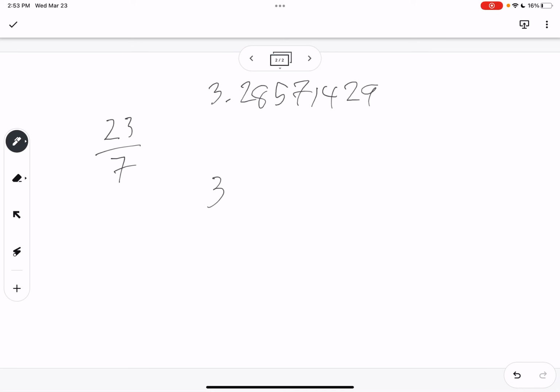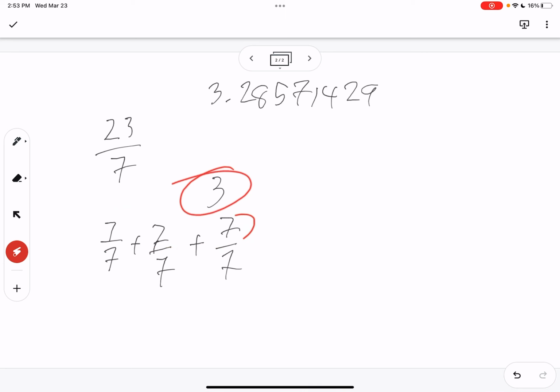Now, what is my remainder? If I have 3 whole fractions, that would be 7 over 7 plus 7 over 7 plus 7 over 7, so it's basically 7 times 3. 7 times 3 is 21.